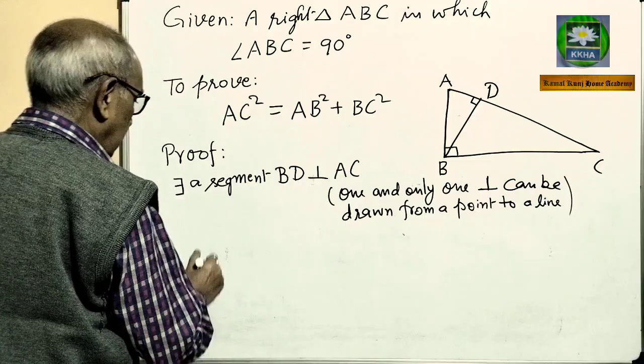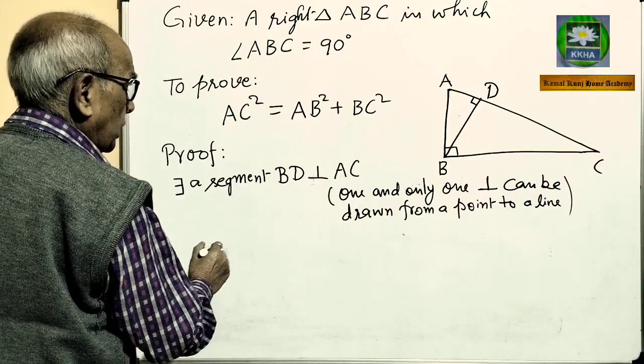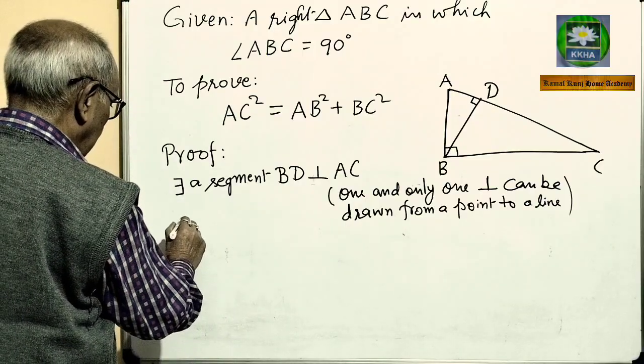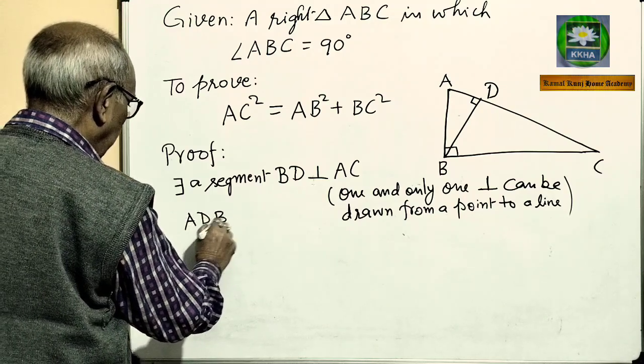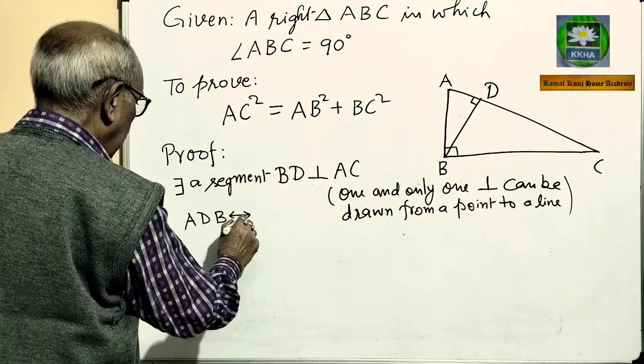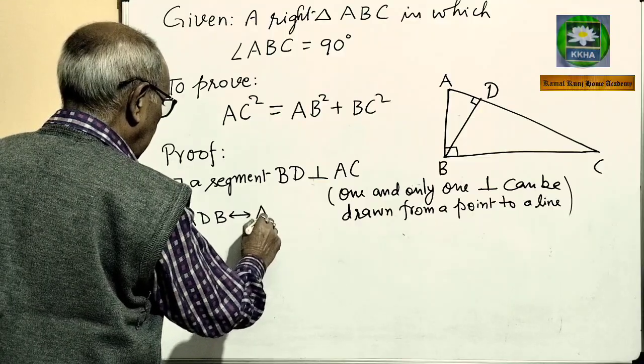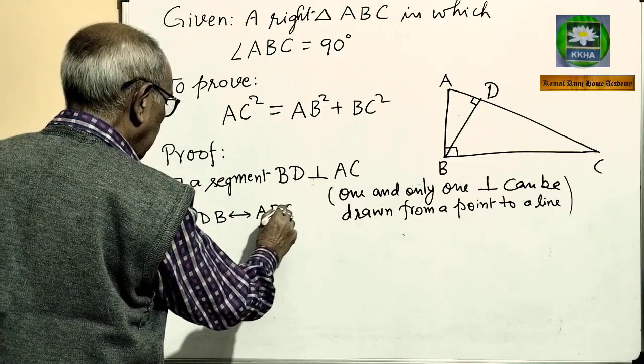Let us consider the one-to-one correspondence between triangles ADB and ABC.